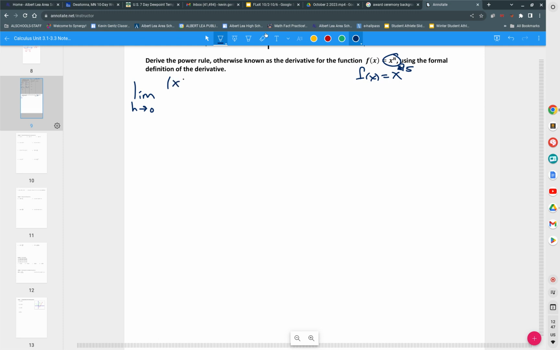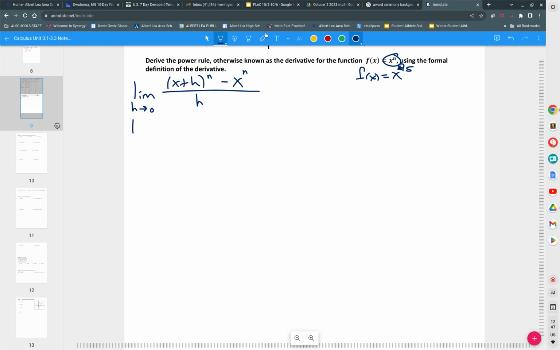X plus h, and we raise it to what power? Nth power. Minus x to the nth all over h. Okay, so that's what we're trying to figure out. That will be the derivative of a polynomial.